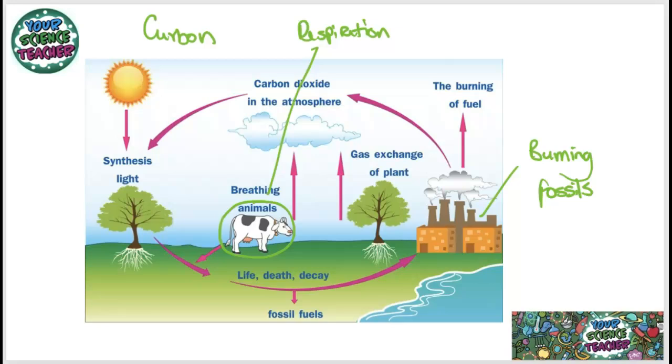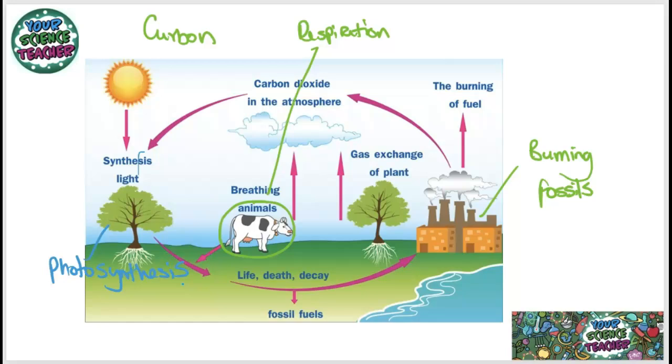So in what ways is carbon, once it's been put into the atmosphere, removed? One key way that carbon is removed from our atmosphere is through photosynthesis. Photo means with light, synthesis means to make, and what it does is turn this carbon into glucose, which the plant uses as food.